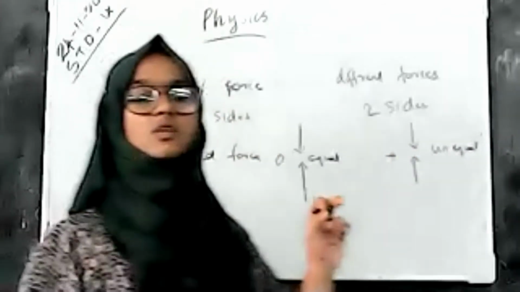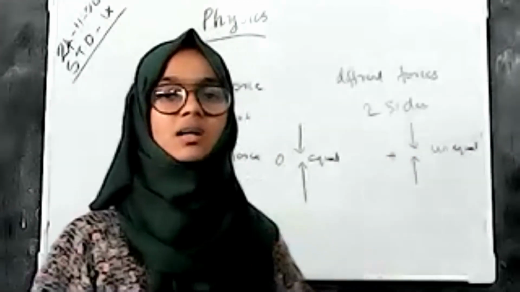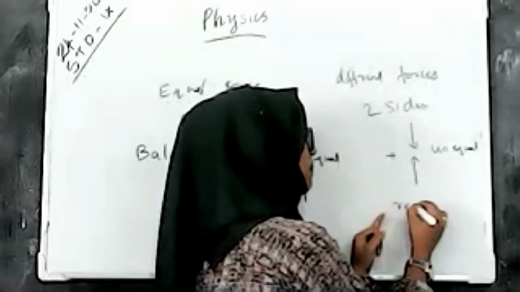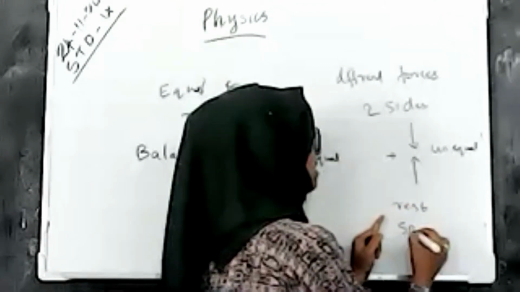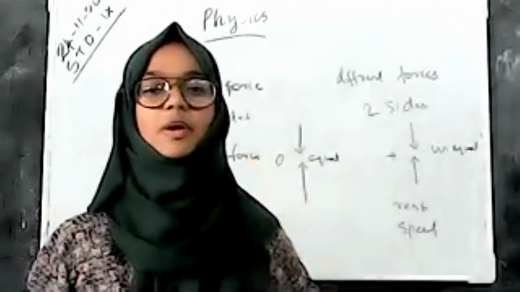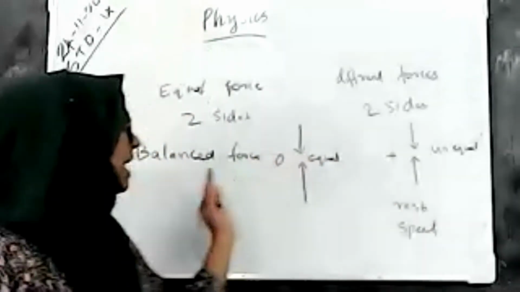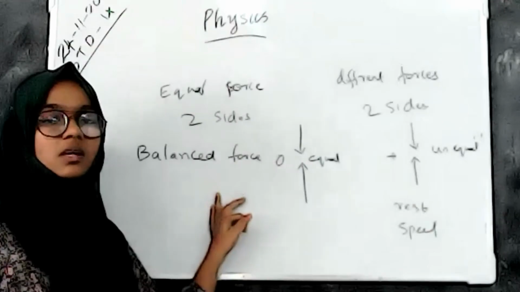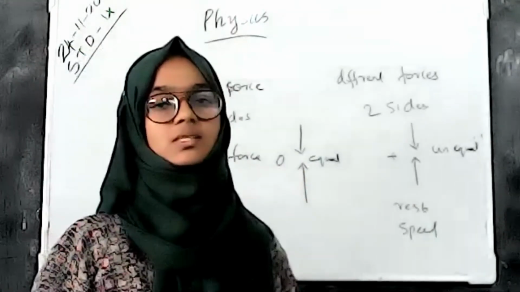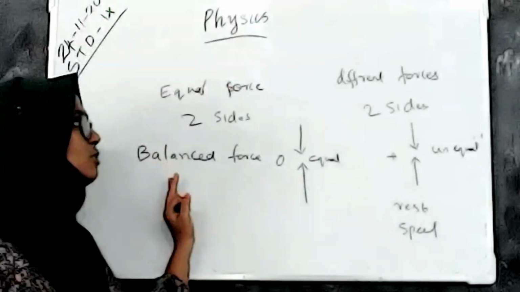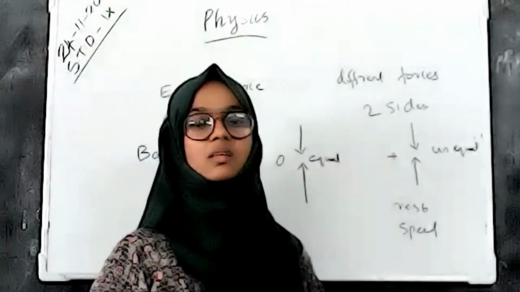That's why the unbalanced force is doing work. It can change the state of rest of a body and change the speed of motion of a body. But the balanced force can neither change a body's rest nor its speed, etc. So I think all of you understand what a balanced force and an unbalanced force are.